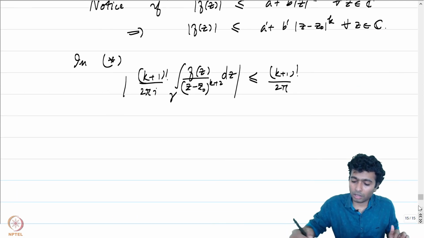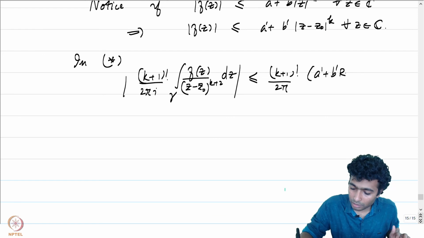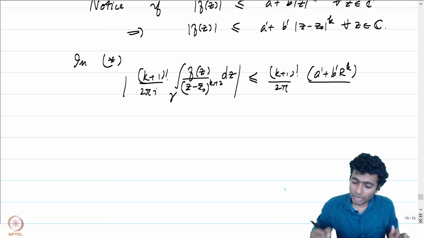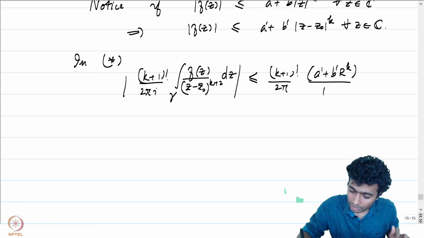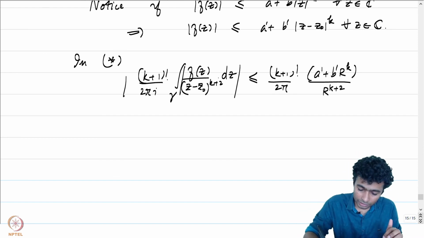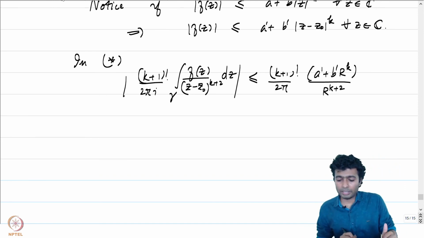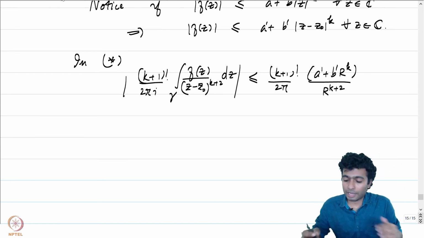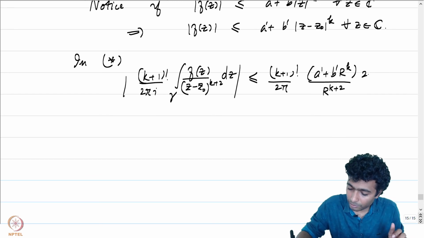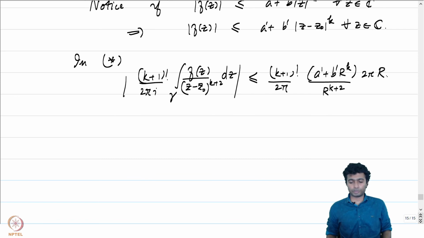The thing above is going to be bounded by a prime plus b prime times r to the power k, and we have in the denominator r to the power k plus 2. And we still have the arc length, which is going to be equal to 2 pi capital R. This is precisely what our bound is going to be.